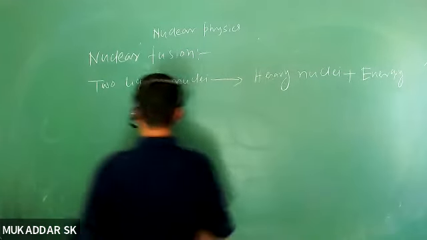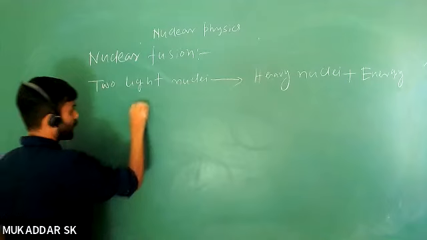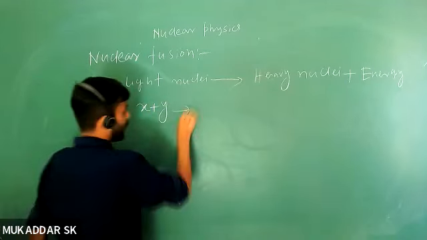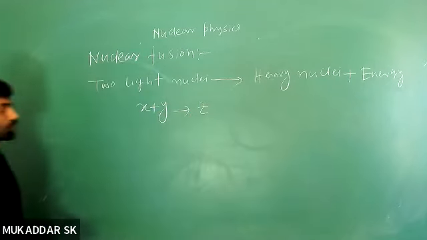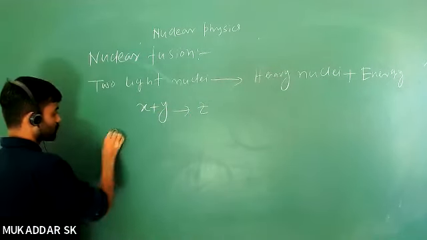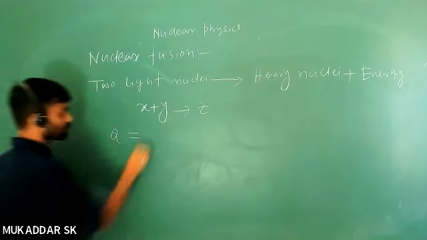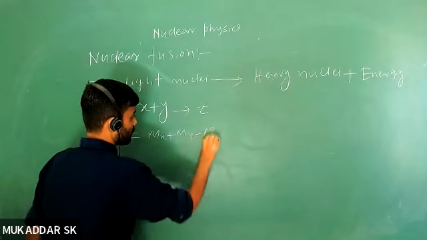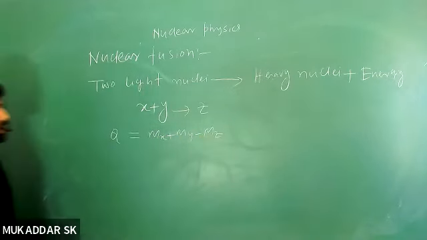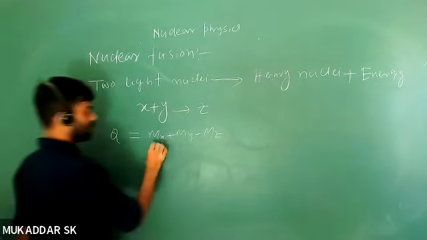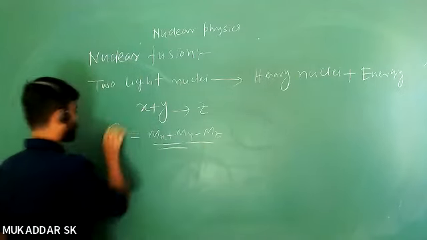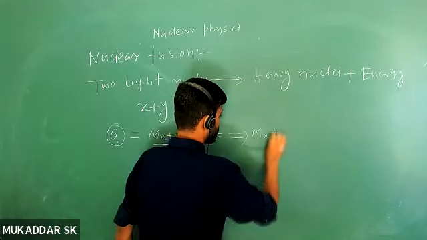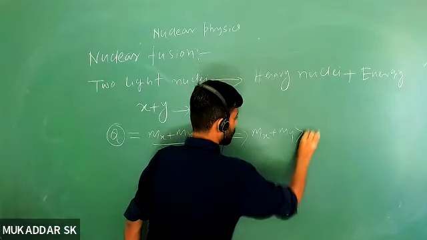Suppose you have X nuclei combine with Y and producing Z. So the amount of energy release will be how much? Q equals mx plus my minus mz. Since there is an emission of energy, Q should be greater than 0. So you can write mx plus my greater than mz.